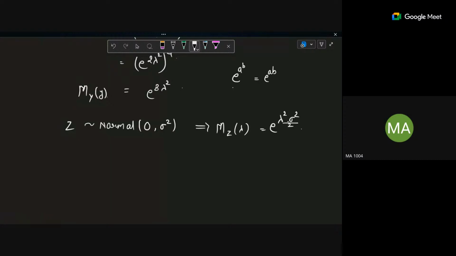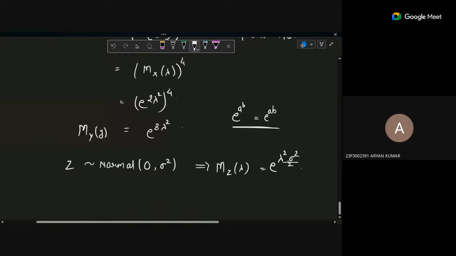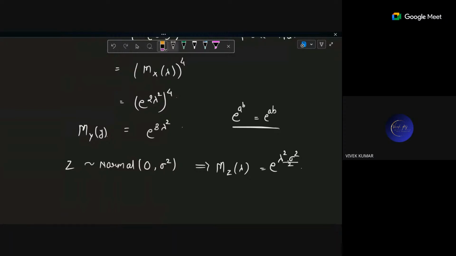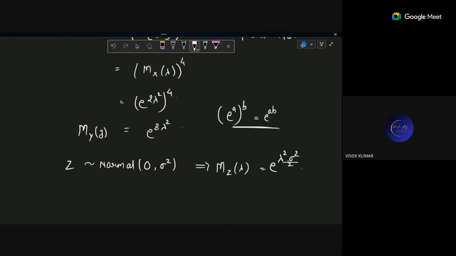Let me check whether this is correct. Yes, it's correct: e to the power a, whole to the power b, is e to the power ab. So we use that here.